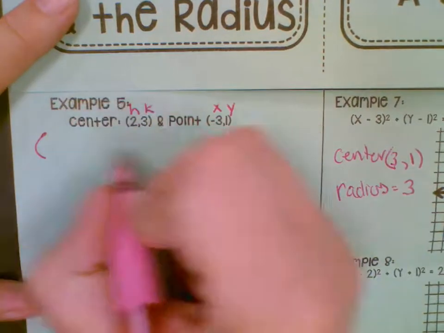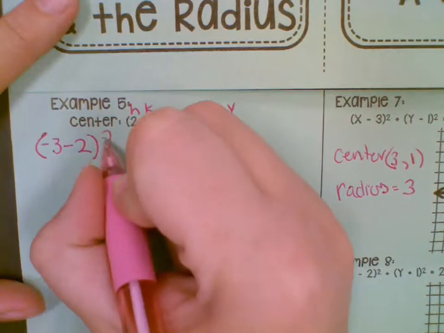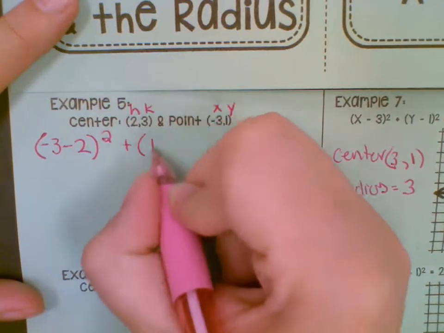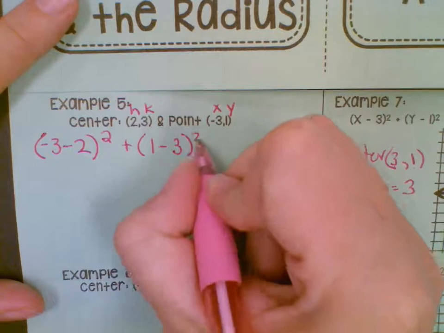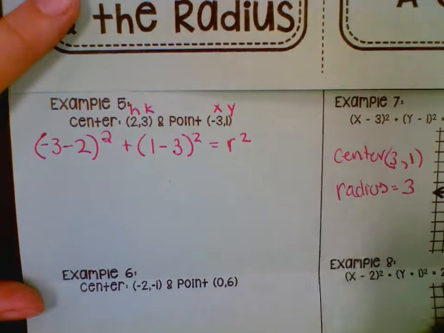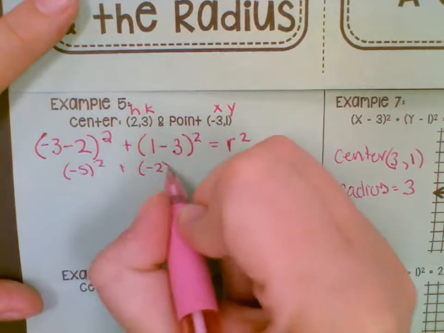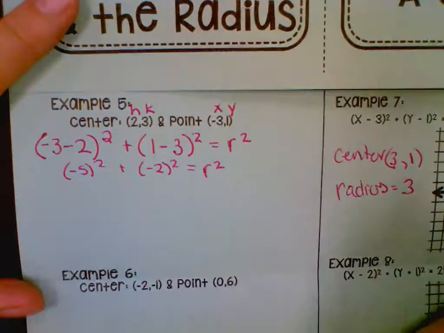So we have (x - h)² + (y - k)² = r². So now to simplify this, we square things.